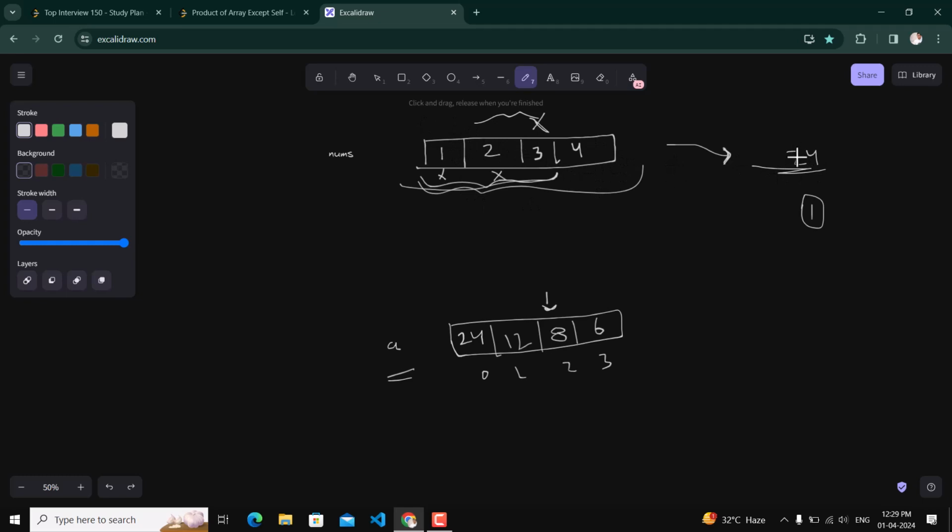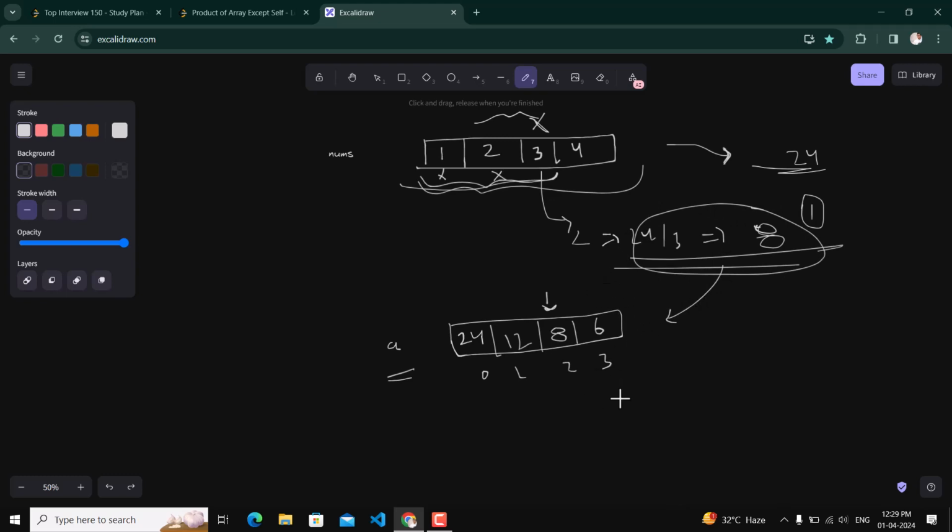Then to calculate the answer for a particular index, like for the second index, we will divide the product by the element at that index, that is 24 divided by 3, which would be 8. So through the division operator, by dividing the product with that particular index element, we get the answer for that index. This is the first approach that we can use.